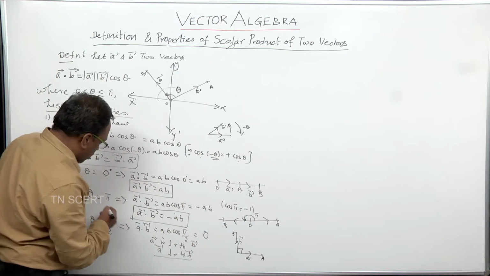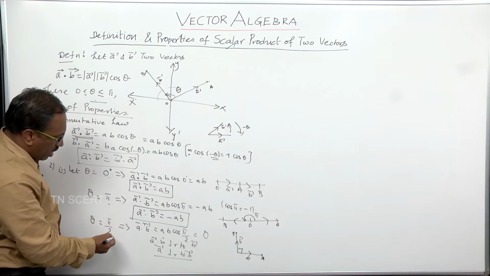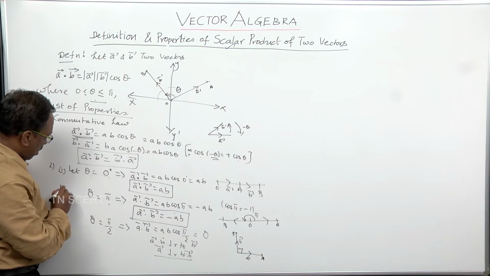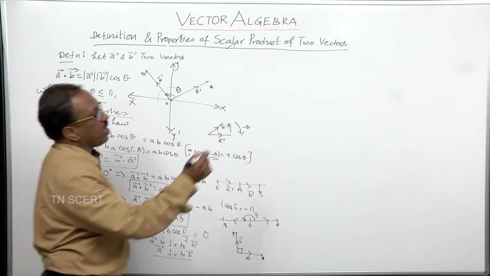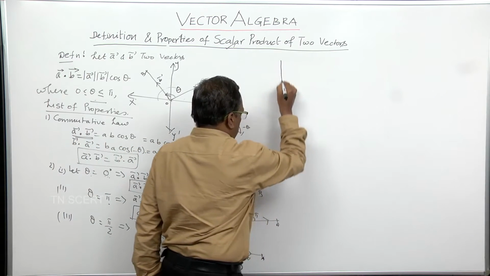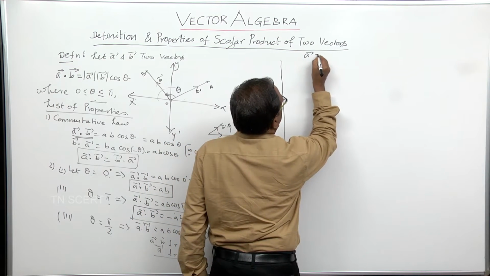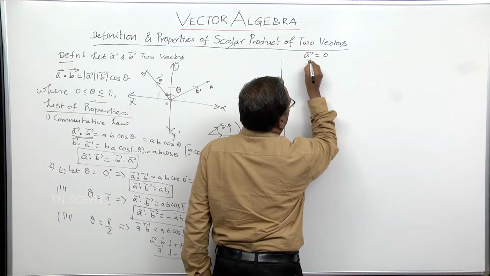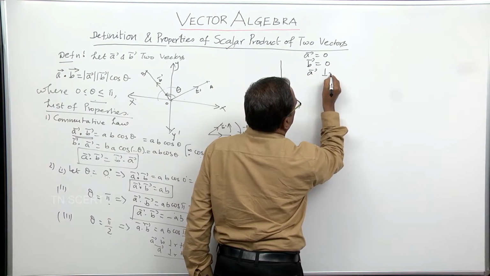So the first case is theta equal to 0, the second case theta equal to pi, and the third is this one. In the third case we can take sub cases also. A vector is equal to 0, B vector is equal to 0, A and B are perpendicular.